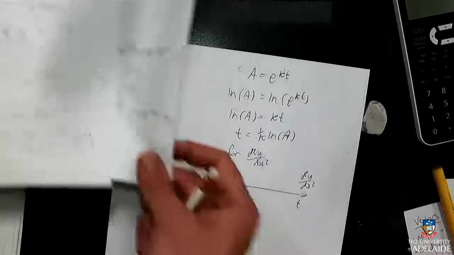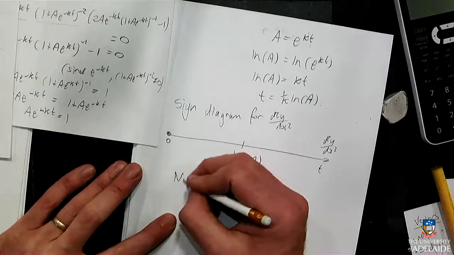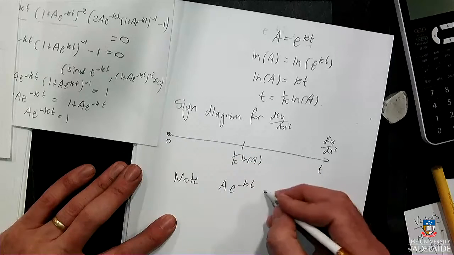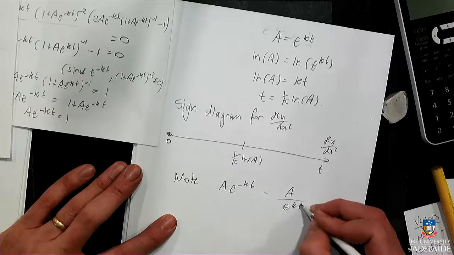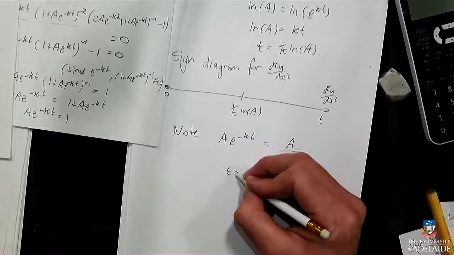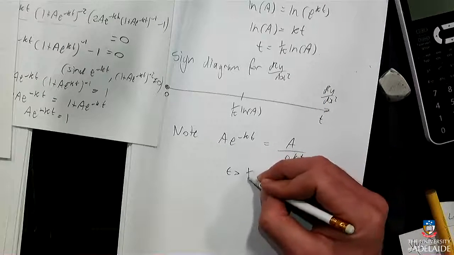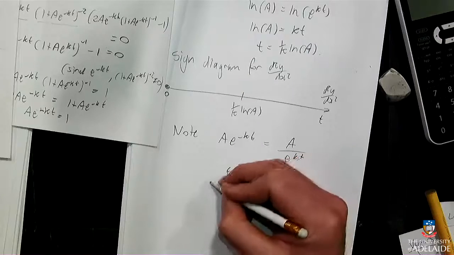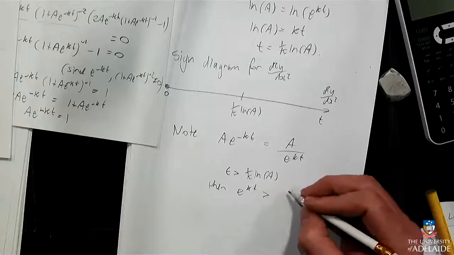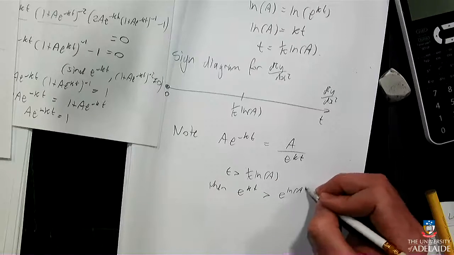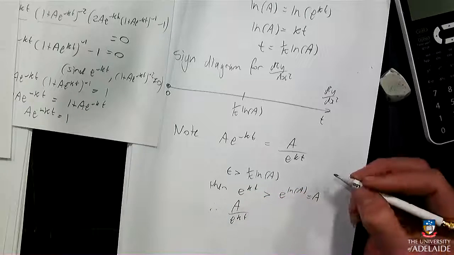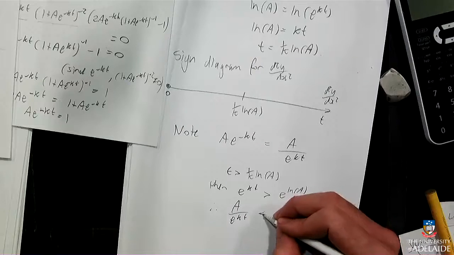So just let me a second. That's equal to a over e to the kt. So if t is greater than 1 over k ln a, then e to the kt is greater than e to the ln a, which is a. And so therefore a over e to the kt, if I divide a by something bigger than a, it's going to be less than 1.